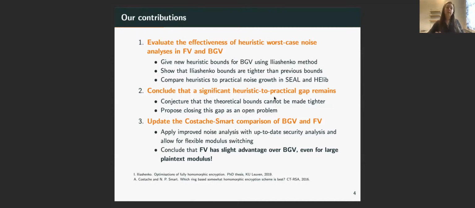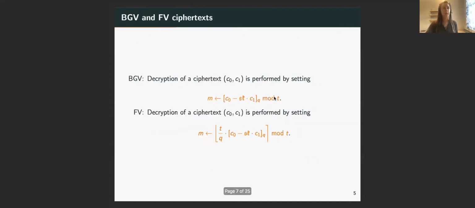And what we conclude is that FV has a slight advantage over BGV, even for large plaintext moduli, which is in slight contradiction with the findings of Costache-Smart. But we also conclude that the two schemes are very similar, which is again in slight contradiction with the previous Costache-Smart findings.